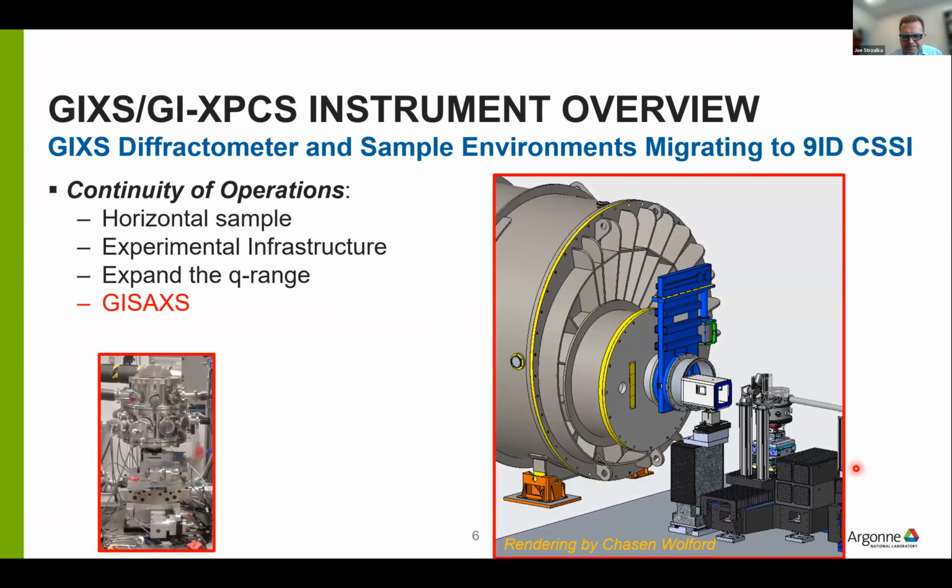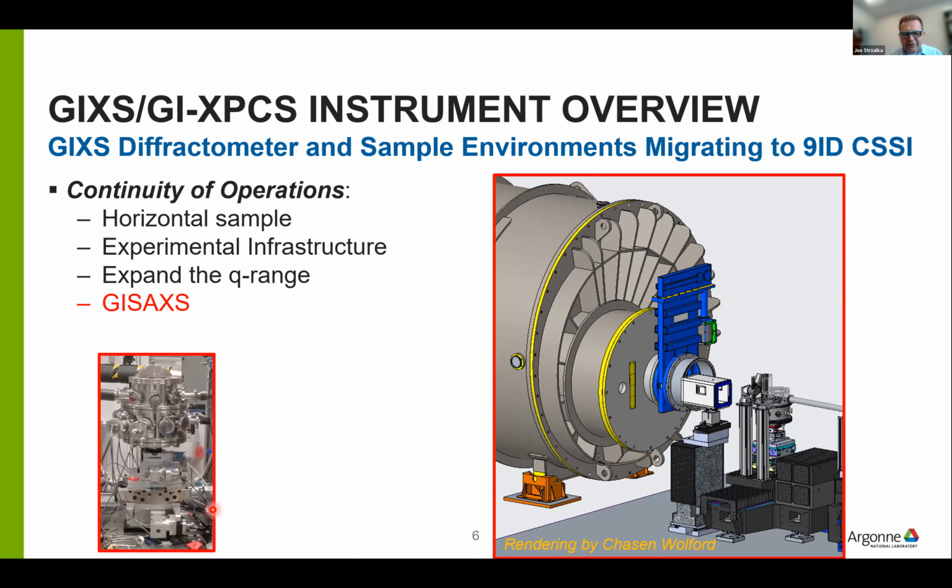And now staying in the 9-ID-D station, looking at the instrument itself, you can see that the grazing-incidence X-ray scattering diffractometer and the sample environments are migrating from 8-ID-E to the new 9-ID-D. So here I want to emphasize the continuity of operations.